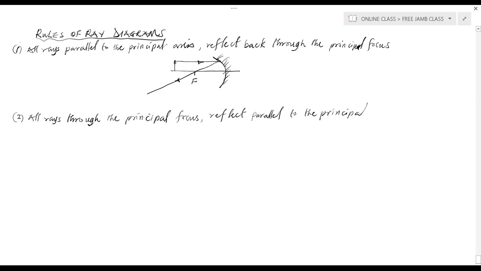If the ray passes through the principal focus, it will reflect parallel to the principal axis. For instance, like this.